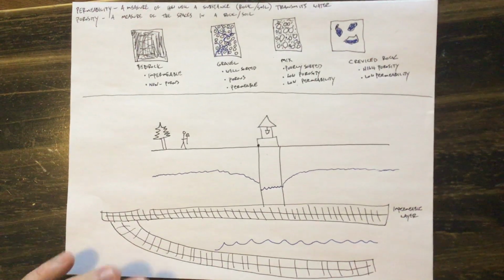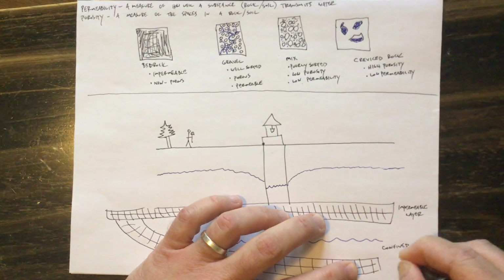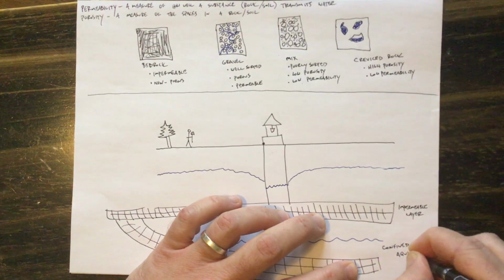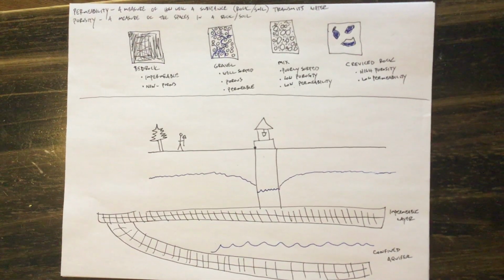And this would actually be called a confined aquifer, because the water is trapped between two impermeable layers.